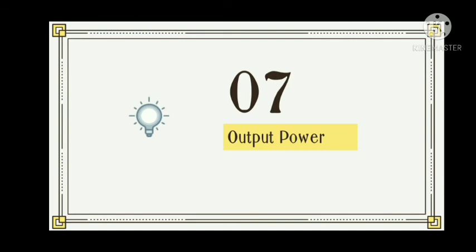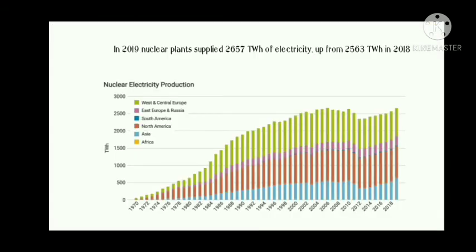Point 7 is output power. The statistics show the output power of nuclear electricity was 2,657 terawatt hours in 2018, while 2,563 terawatt hours in 2019.